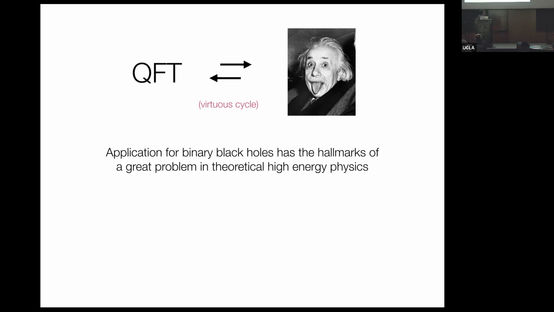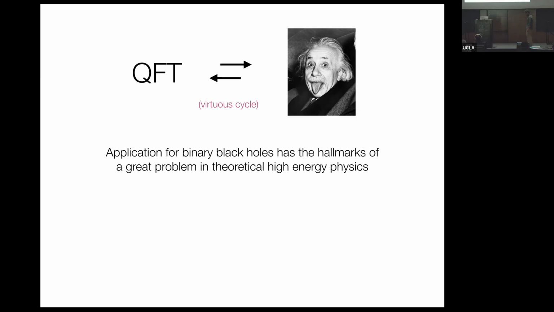And I talked in some detail about the application of these ideas to binary black holes. In particular, we are really trying to leverage the tools that have been honed in collider physics, for example in g-2, to really understand binary black holes to high precision.